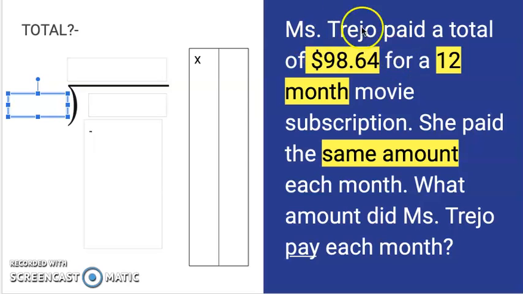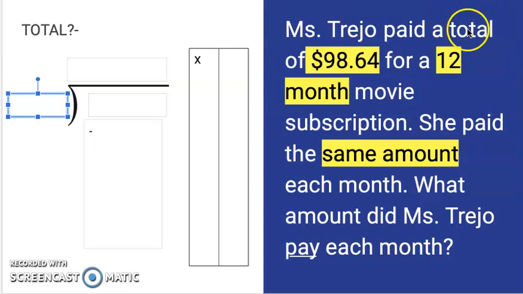But I'm not paying $98.64 each month, guys. No. This amount is going to be paid in 12 months, okay? I'm going to pay the same amount each month. So after the 12 months, I would have already paid this total amount, okay?